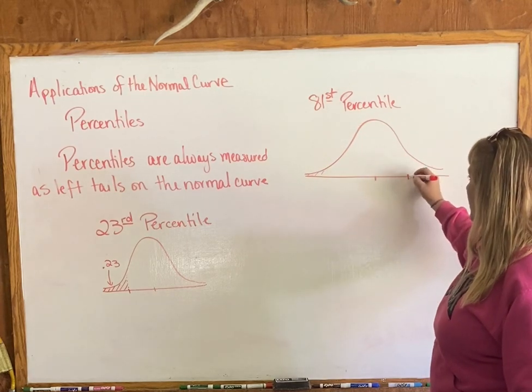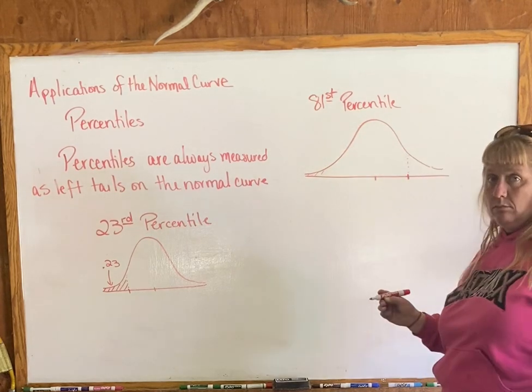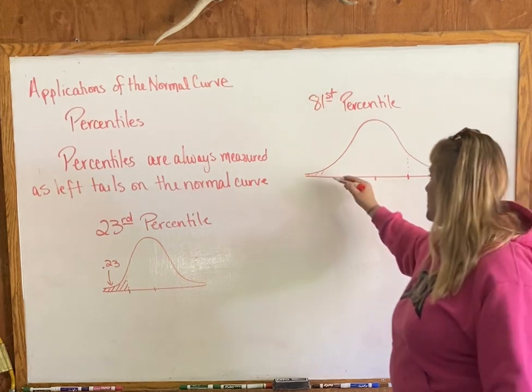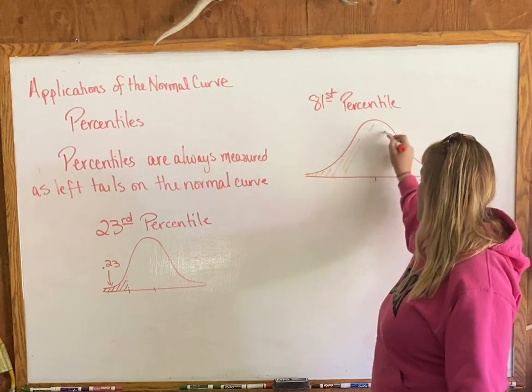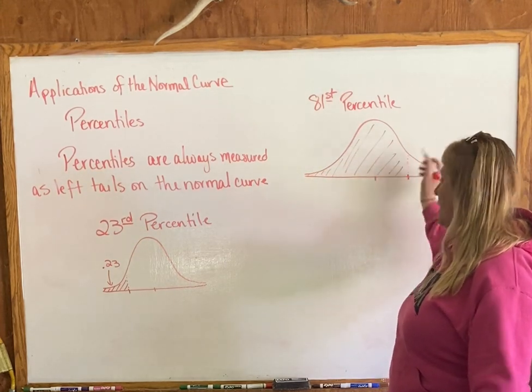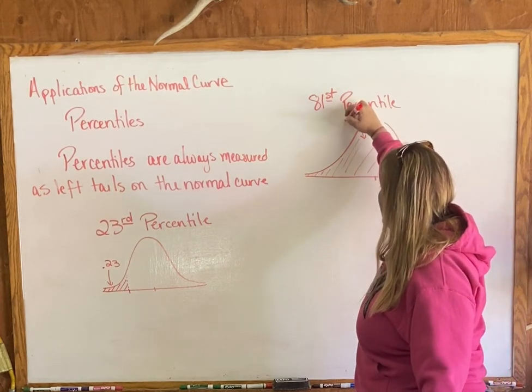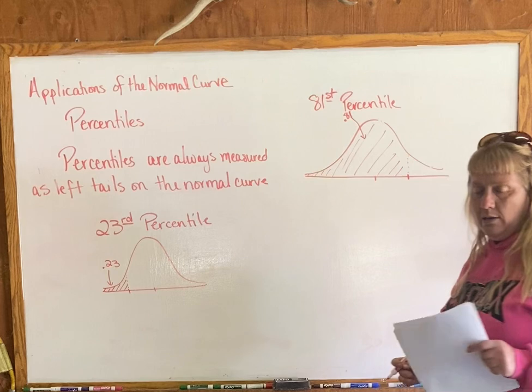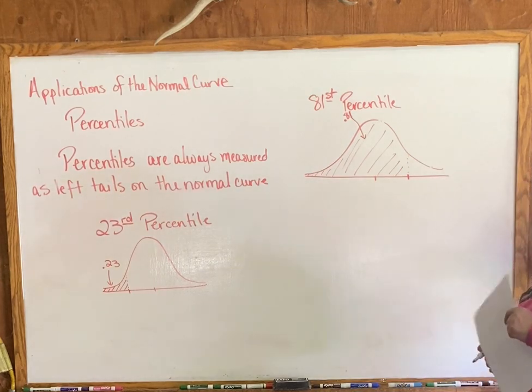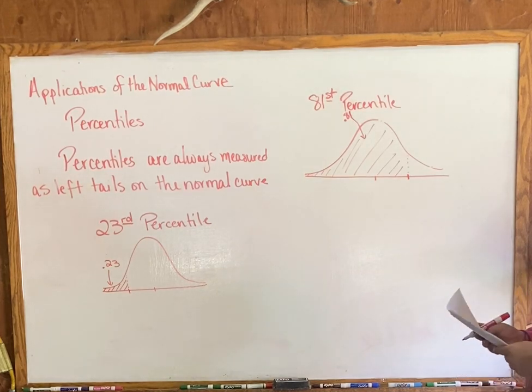So we're going to go maybe over to here. Everybody agree? So 50% is across the middle, again, not to scale, don't worry about it, but this whole area here is 0.81. So you have to pay attention to the question, and remember that whenever it says percentile, left tail, percentile, left tail, you just have to remember that.